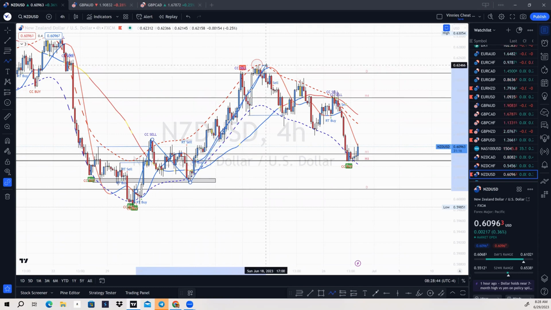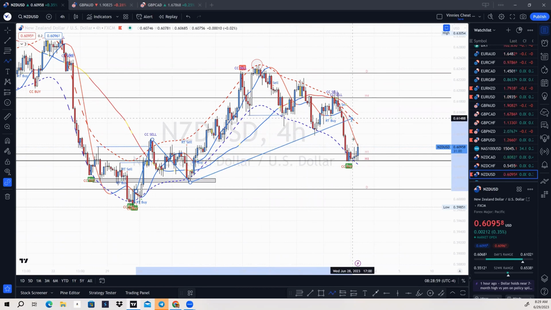Price was up at its high, came down here, broke the SMA, came back up to retest, then price continued to drop further down. Now the SMA has turned red, so that means we are bearish. We should be looking for sell trades.